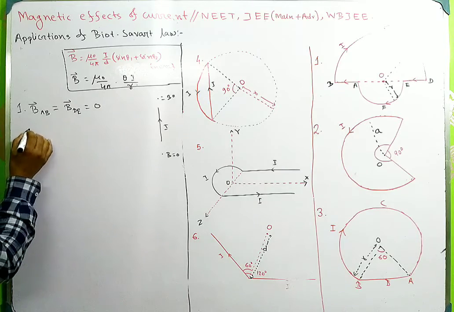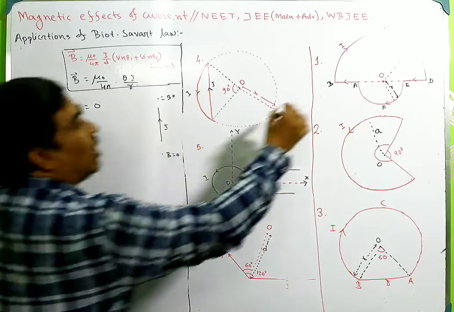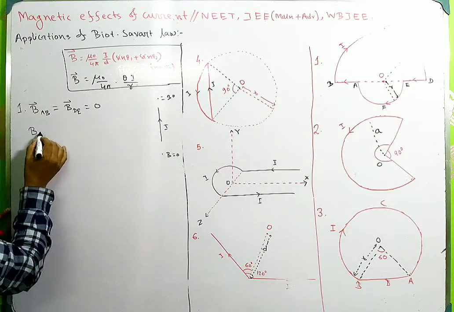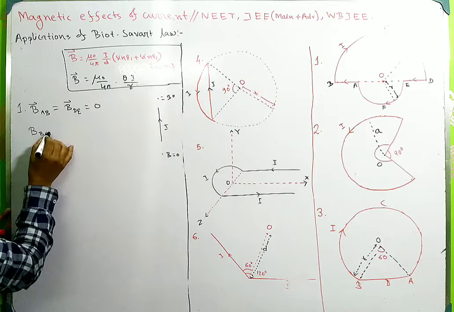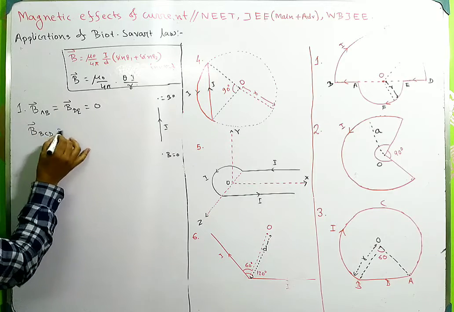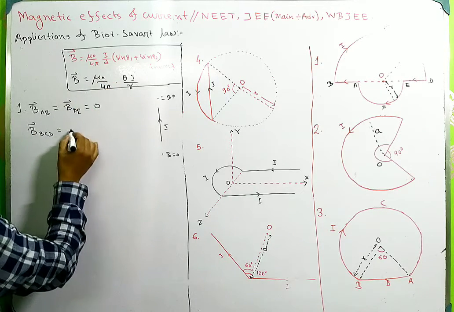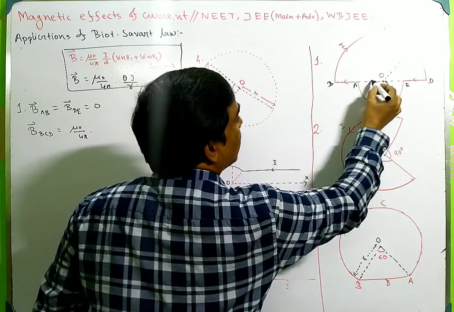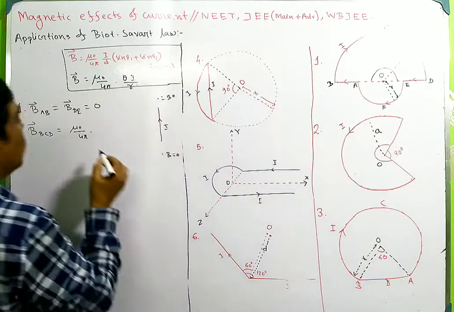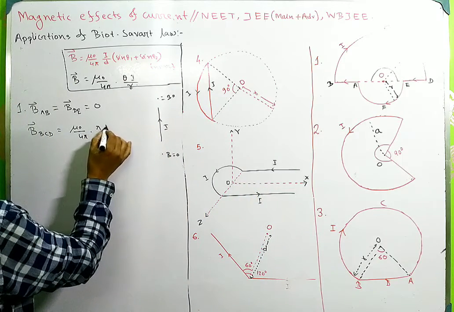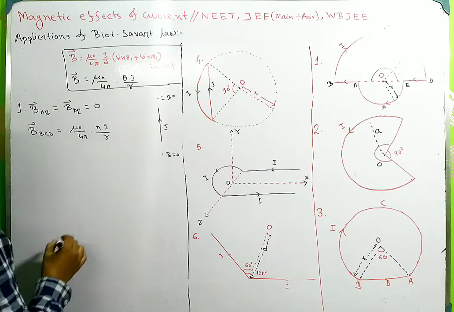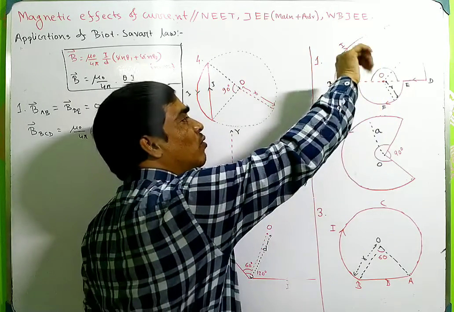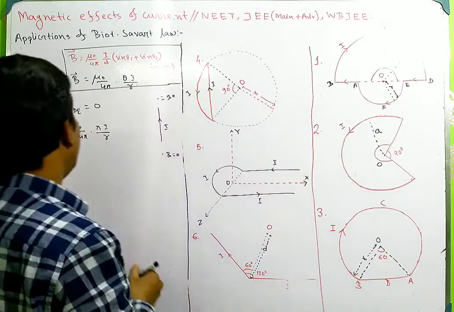Now the magnetic field for the larger circle at O. The magnetic field due to BCD, this portion, is given by mu0 by 4 pi, this angle is pi, so it will be pi I by r. The direction of the magnetic field, with this as my right thumb, will be inward.